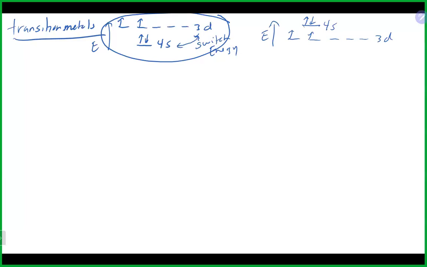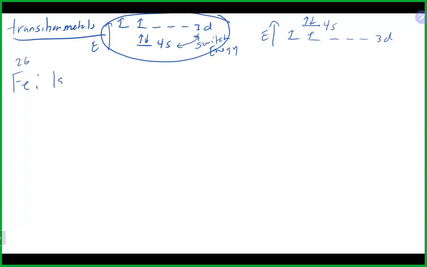But there is an importance to this switch in energy that occurs. And where it comes into play is when transition metals lose electrons. Because electrons, when they are lost, are always lost from the highest energy orbital first. So if we took something like iron that we wrote the electron configuration for a second ago, that is 26.